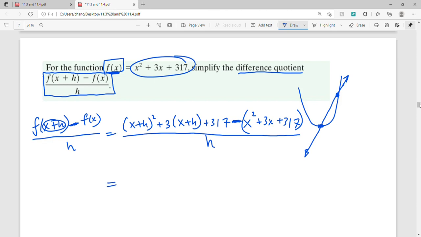What do we have to do with the x plus h squared? Well, I'll do the scratch work here on the side. It means we have to multiply x plus h times x plus h to itself.